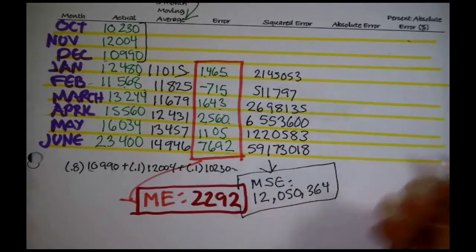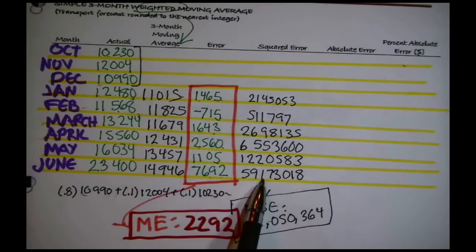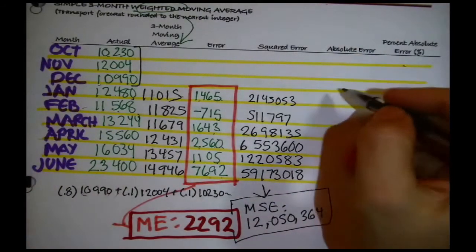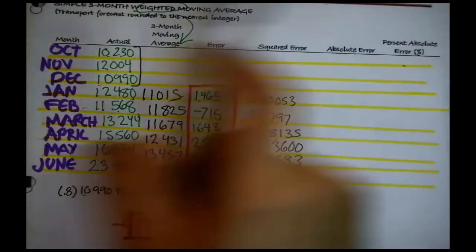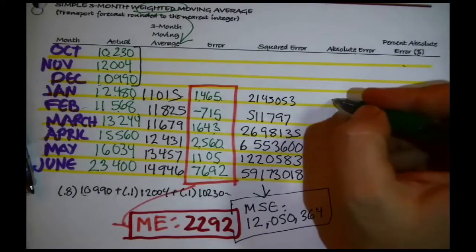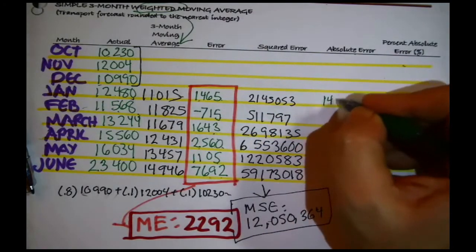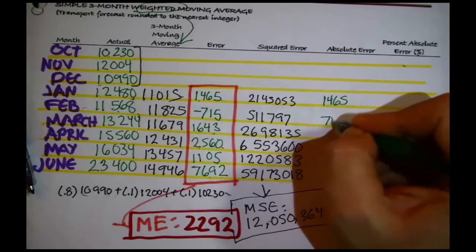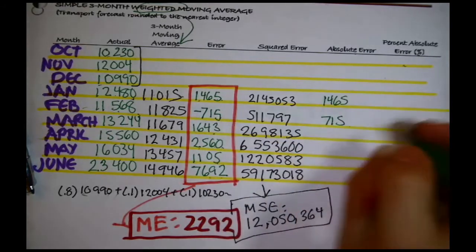Oh, but we say the mean squared error actually tends to exaggerate large errors. So maybe we want to calculate the mean absolute deviation instead. What we would have to do first is copy the errors except drop any of the negative signs. Well, that's easy because there's only one of them here. In February, instead of negative 715, I just have 715.